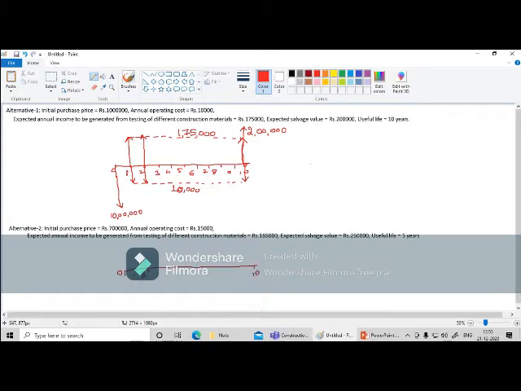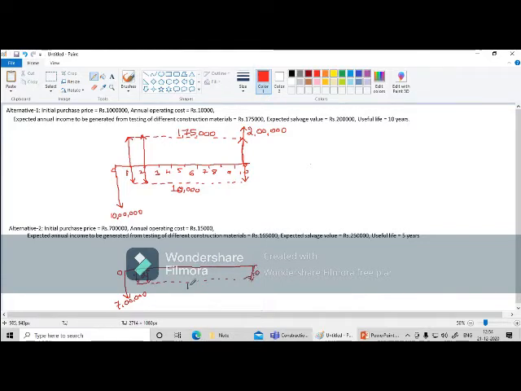So for alternative 2, the second alternative, we have 7 lakhs as the initial cost. Initially, they are going to spend 7 lakhs. The annual operation cost is 15,000 for the first year, 15,000 for the second year, 15,000 every year. It is the same.